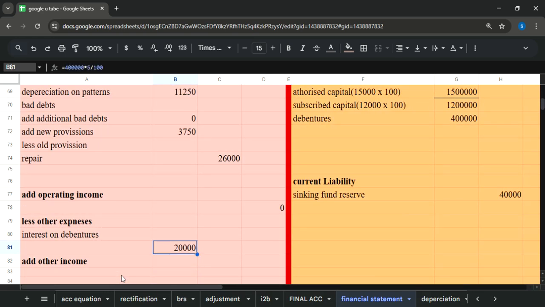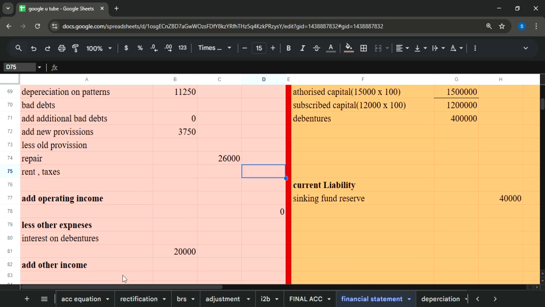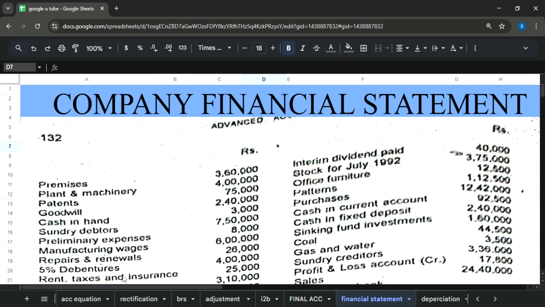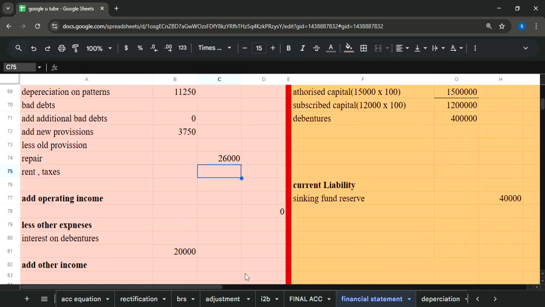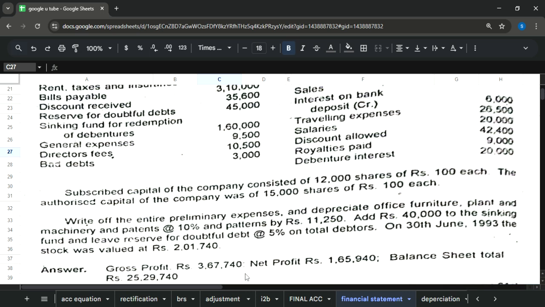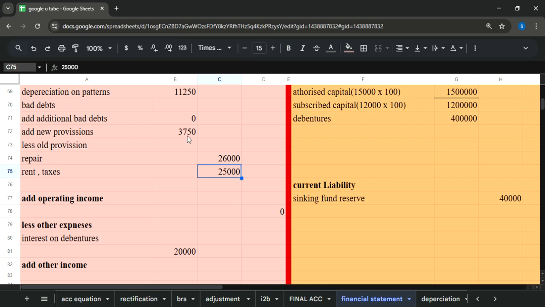This is part of operating expenses. So rent. There are a few other things as well. I think they are taxes. So you can write rent and taxes. Amount is 25,000. Mention in front of it. So after rent and taxes, we have bills payable, current liability. Mention here.